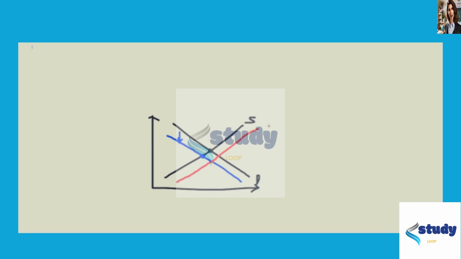So this new supply curve shifts to the left. Oh wait, I'm sorry, it should shift to the right because supply increased. So for a given wage, people are going to supply more. And I have to write this blue line as the new demand curve.